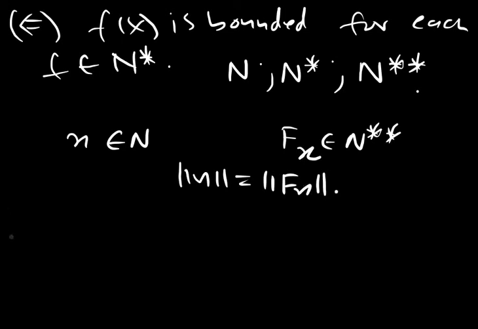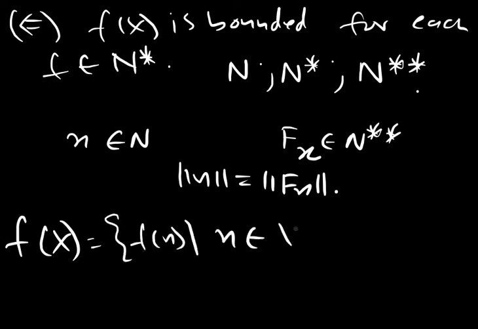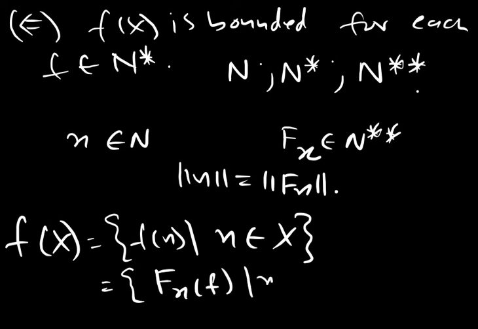So consider the following. This is given: f of X, which is nothing but f of x such that x belongs to capital X. But this is again, by definition, nothing but f subscript x of f such that x belongs to X. Now this becomes a bounded set.